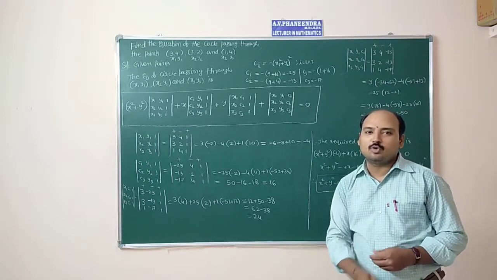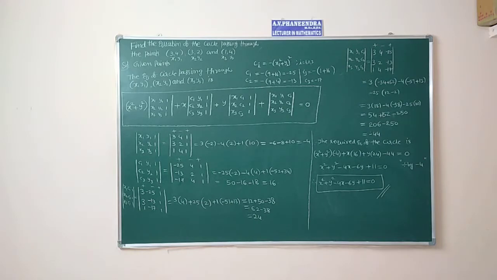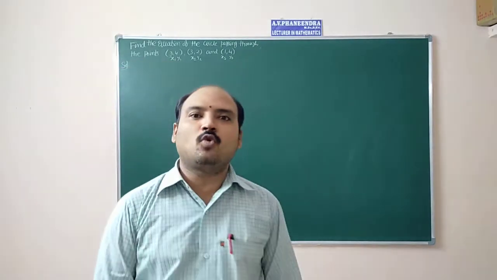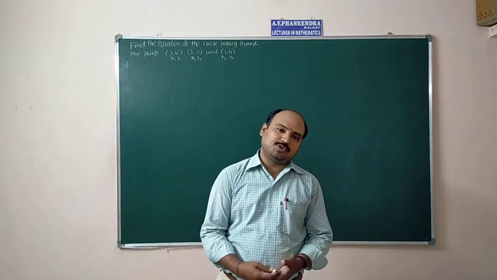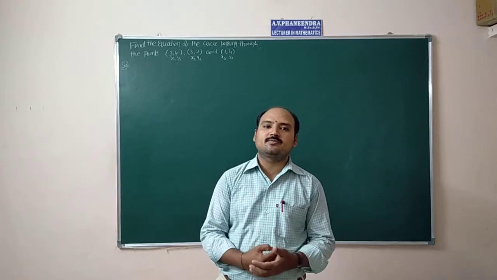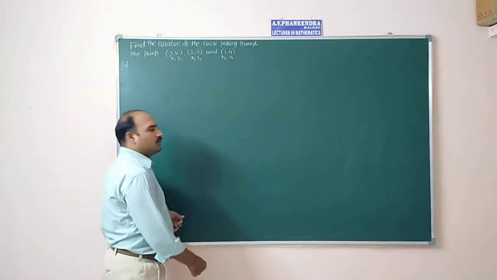The last method I am going to discuss now. Next method, the fourth method, is by using perpendicular bisectors of the sides of the triangle. See how we are going to do that.